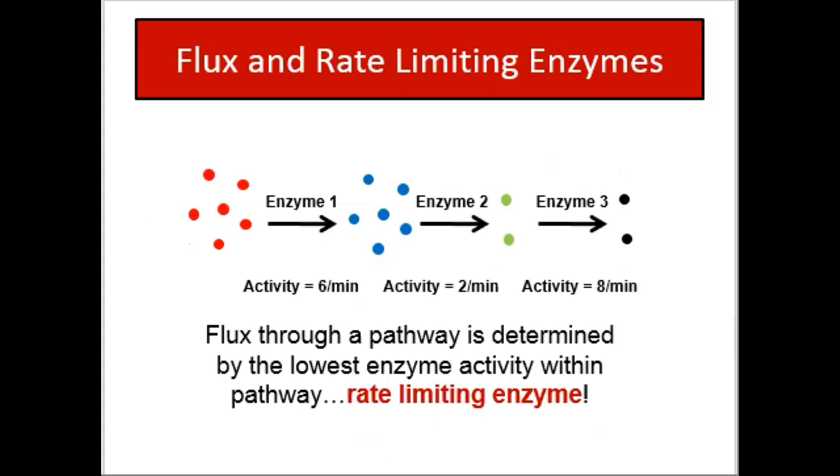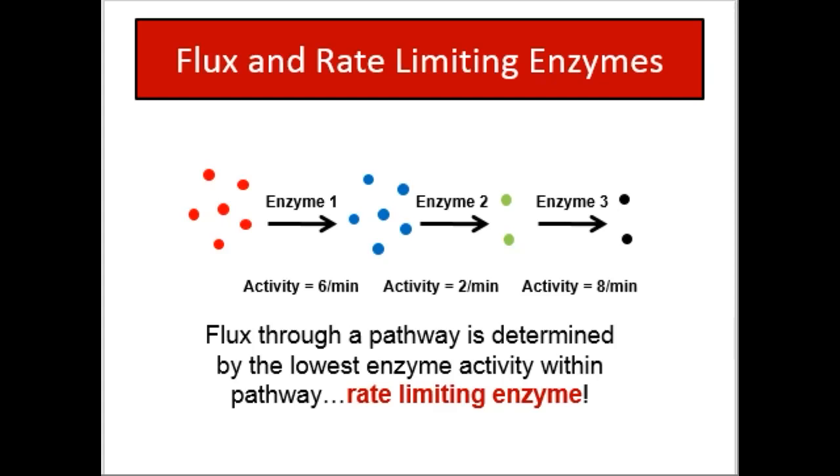This slide is just to help you further understand how a rate limiting enzyme works within a pathway. Here we have a generic pathway as an example, composed of 3 enzymes.